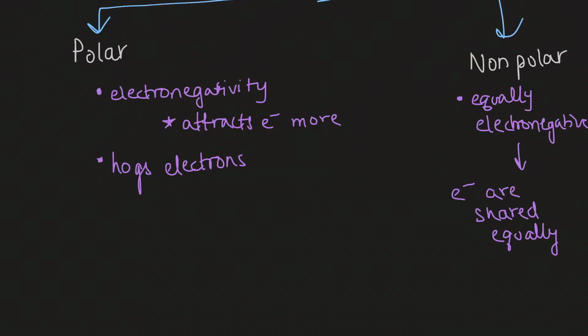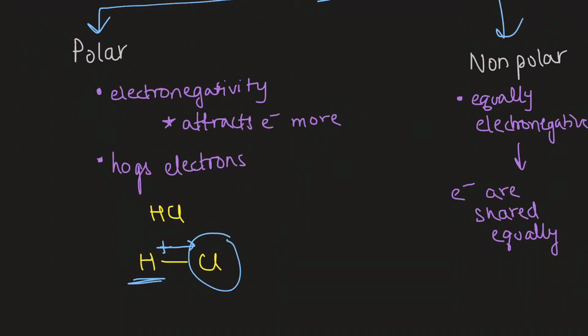An example of a polar covalent bond would be hydrochloric acid, or HCl. In this, you've got one hydrogen atom covalently bonded to a chlorine atom. Chlorine is way more electronegative than hydrogen, so it pulls all the electrons towards itself, and it creates this dipole moment where chlorine has sort of a negative charge and hydrogen has sort of a positive charge.